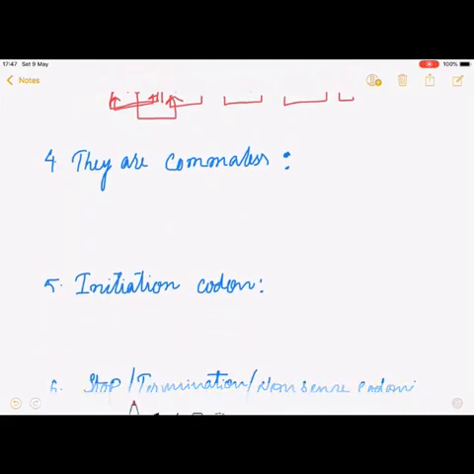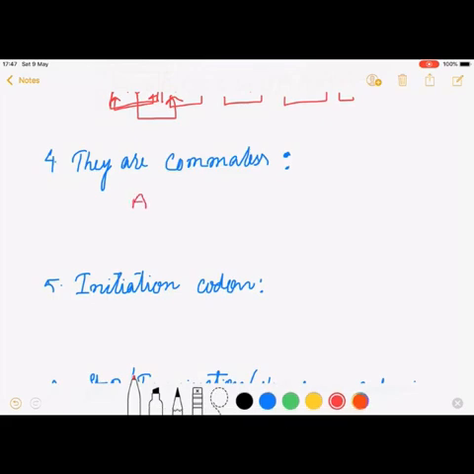Next is they are commaless. So same thing, if there is A, G, G, C, U, C, A, C, U, G, G, randomly I am writing. If you see, the genetic codons do not have any kind of punctuation mark, like AGG is the first codon and there will be one comma, and the next will be this, there will be one comma. No, there is no comma, there is no full stop, there is no punctuation mark, there is no gap.